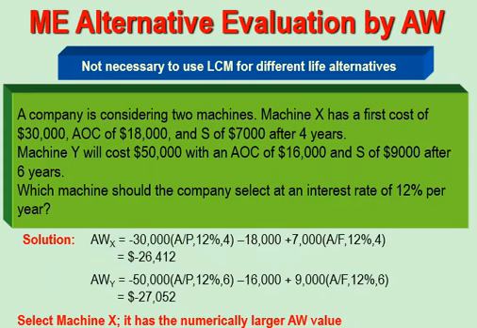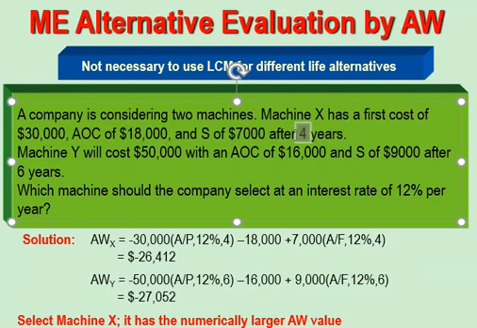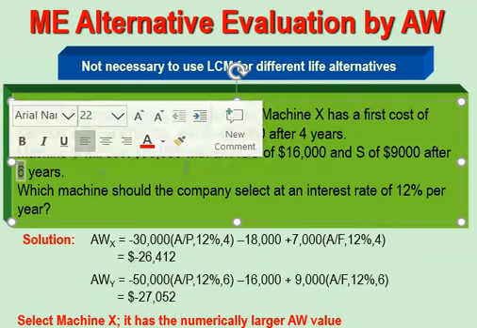For the second one, we have mutually exclusive alternatives. You remember from present worth, if we have mutually exclusive alternatives with different life cycles, we have a problem. We have to use LCM. The life of the first system is 4 years, and this one is 6 years.